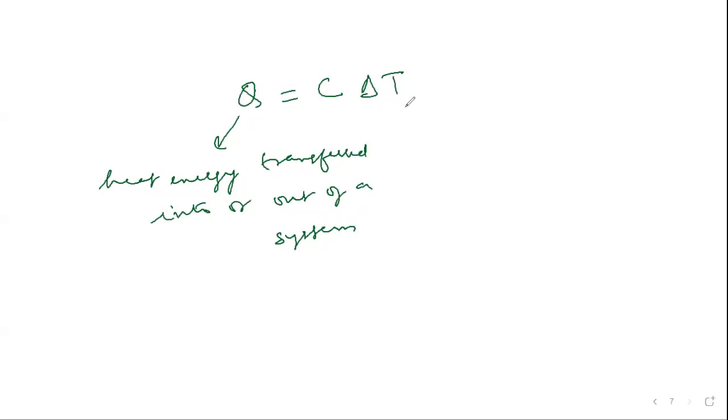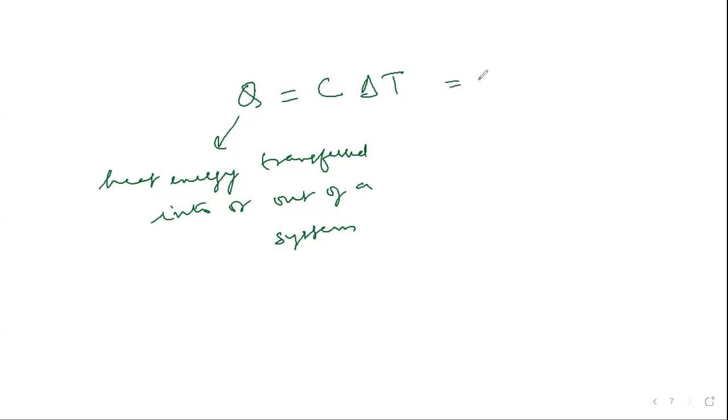Delta T is the change in temperature of the system. Heat capacity is the constant of proportionality. So heat required to change the temperature of a system is proportional to change in temperature. C is the constant of proportionality, which is heat capacity.